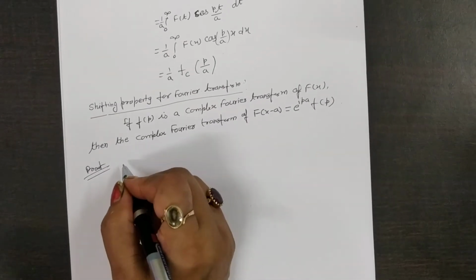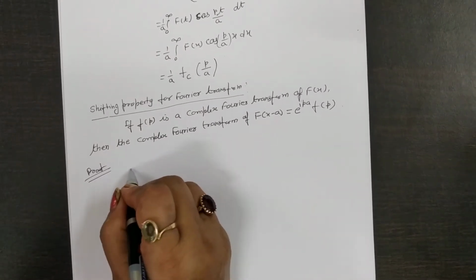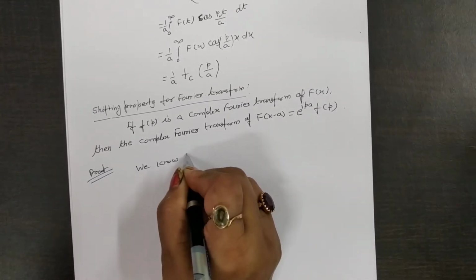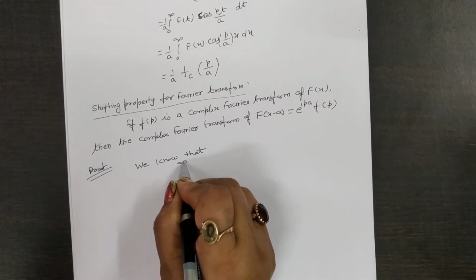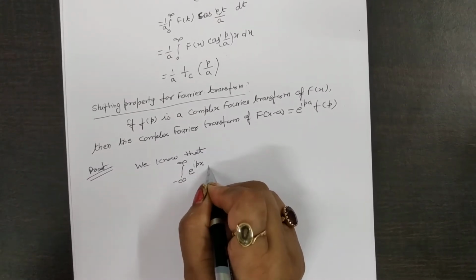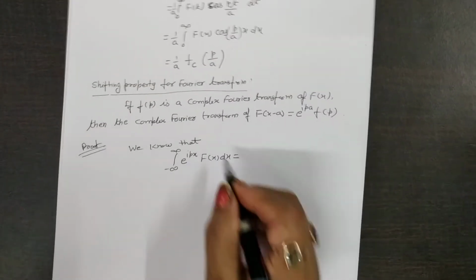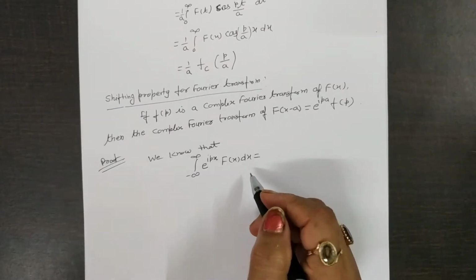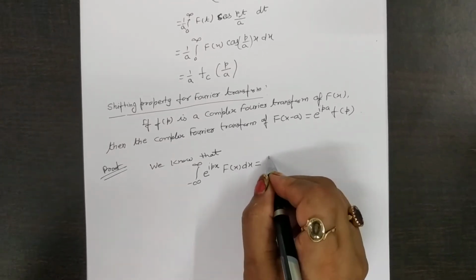We know that the integral from minus infinity to infinity of e to the power ipx f(x) dx is equal to F(p).